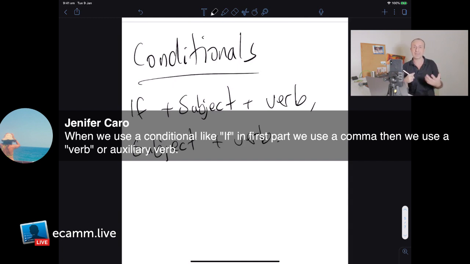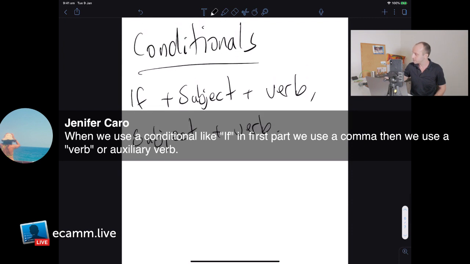Now, of course, it depends on whether it is a past tense verb or a present tense verb or a would or a should or a could or something like that. I'll get to you in a second, Leonardo. Thank you for your questions. So that's what people say conditionals are, right?